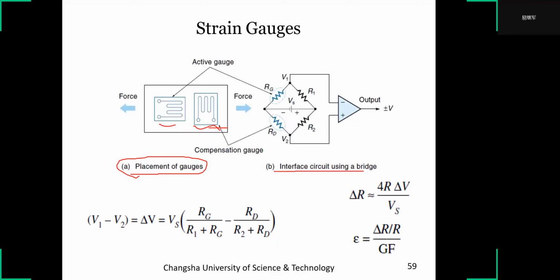The interface circuit uses a bridge. The bridge output amplifies the signal and goes to the microcontroller. It's a strain gauge.